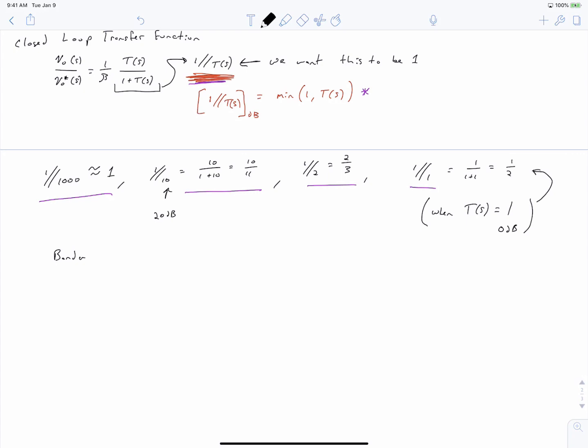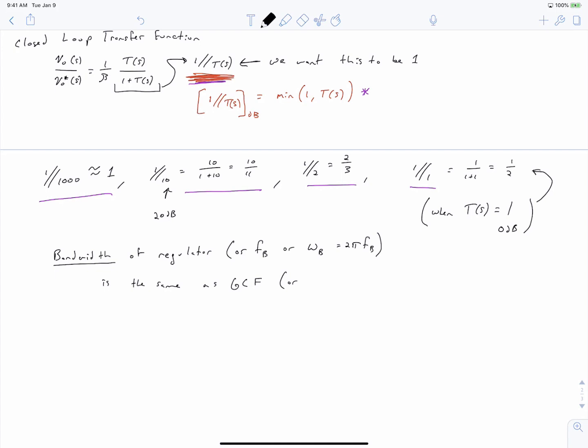The bandwidth of our regulator, new term, or in some places you'll see this called the f sub B frequency or omega B, is the same as our gain crossover frequency of our loop gain.